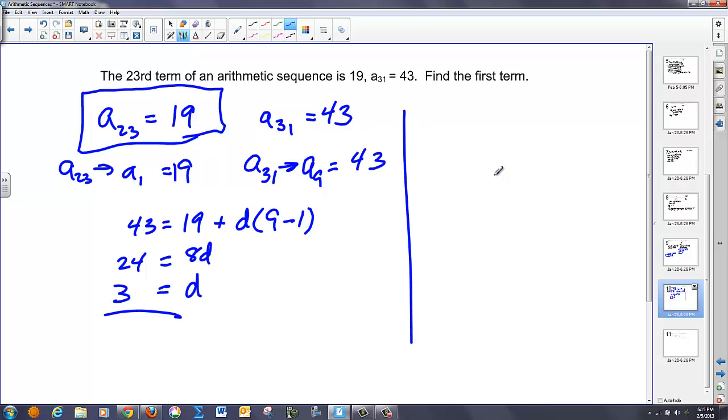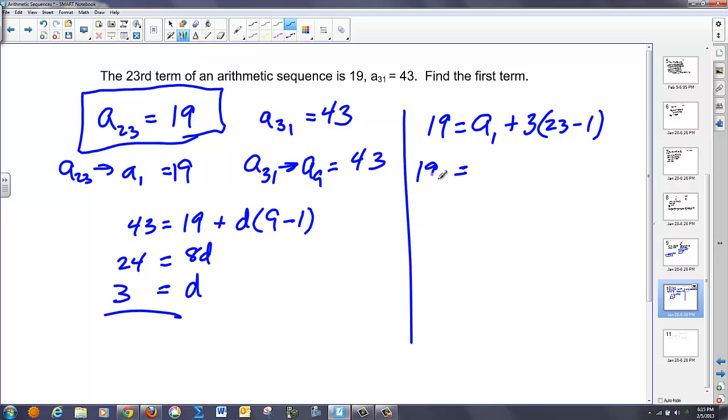So part 2 is say, all right, well, my 23rd term is 19. I'm looking for my new first term. So I'm putting everything back in its original spot, plus the common difference we found was 3. Now the subscript of this 19, the original subscript, is 23 minus 1.